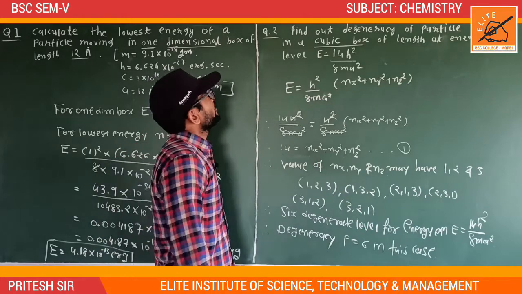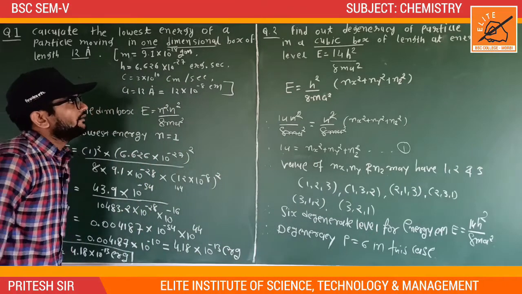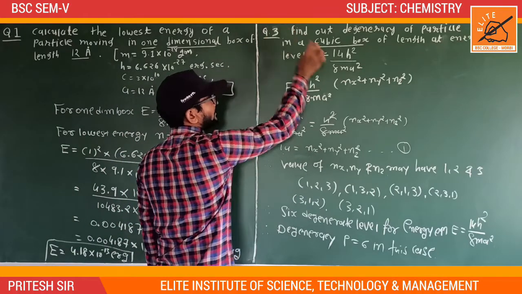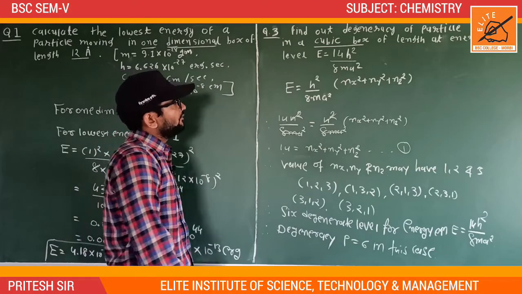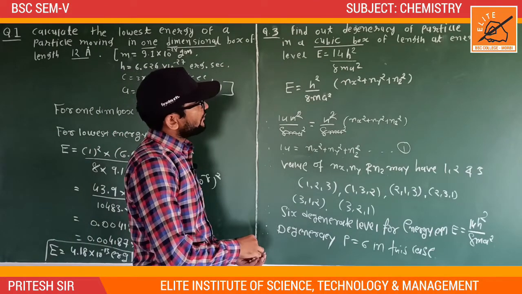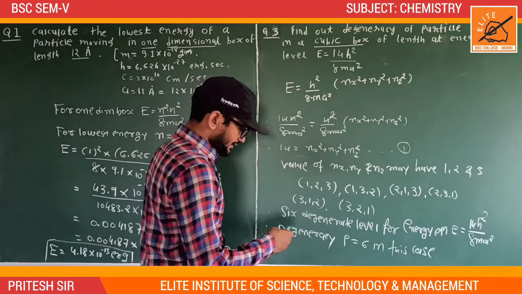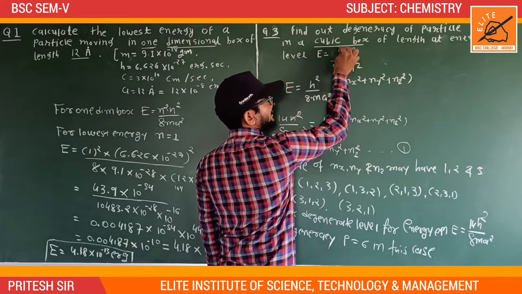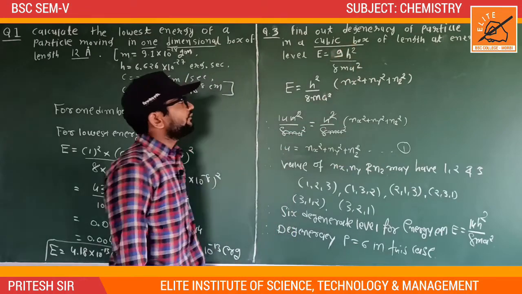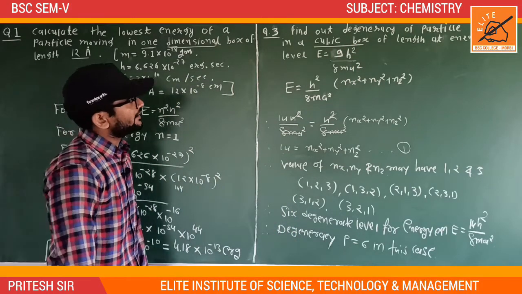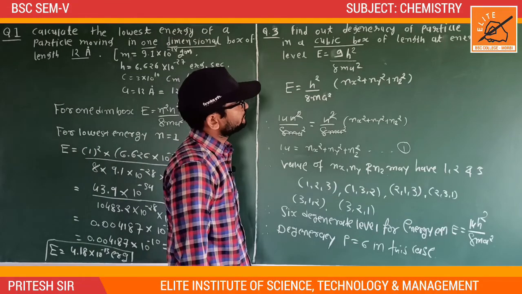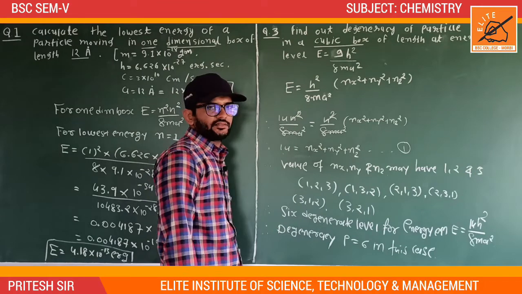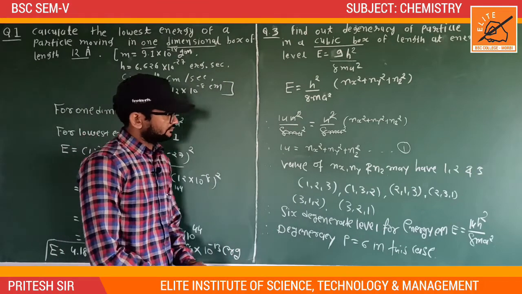Okay, so our next question, number 3. Find out the degeneracy of a particle moving in a cubic box of length L at energy level E equal to 9h²/8mL².